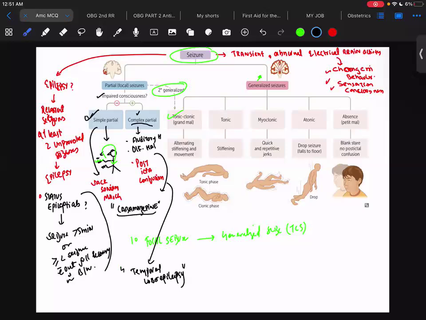That is the reason the patient can have auditory or olfactory hallucinations, because that area is related to the temporal region.